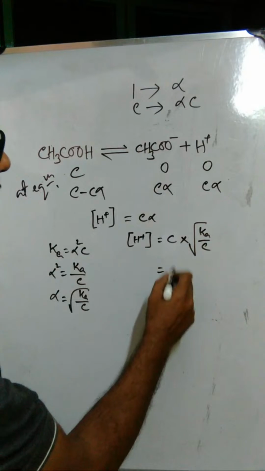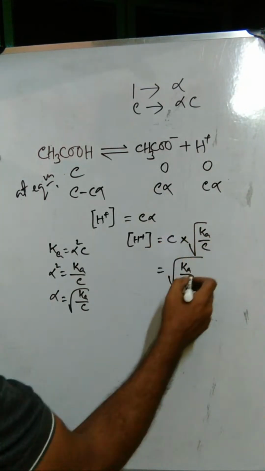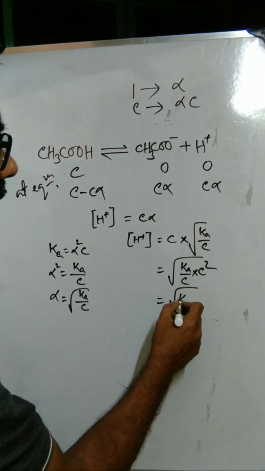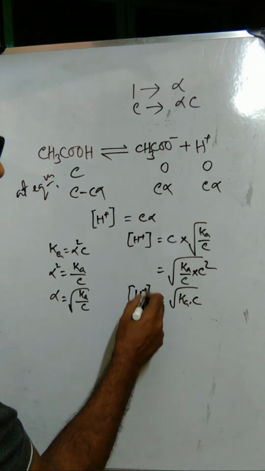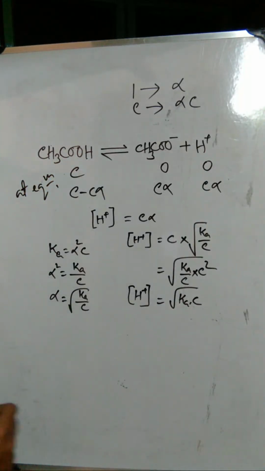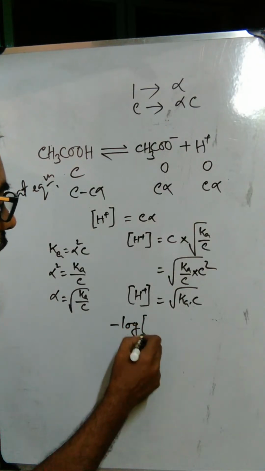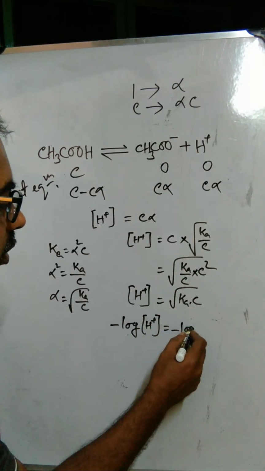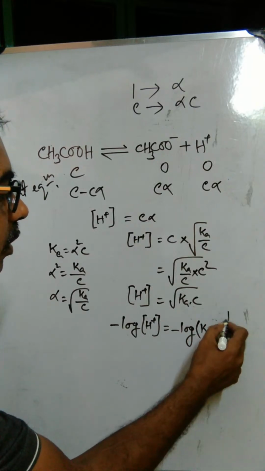Ka by C, when C is under the square root, then it becomes C square. So root over Ka into C, this is the concentration of H plus. Now if we take the negative log of this, then minus log of the concentration of H plus equals minus log of root over Ka into C, which can be written as Ka into C whole to the power half.